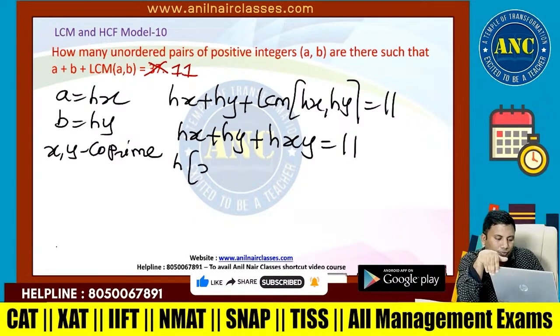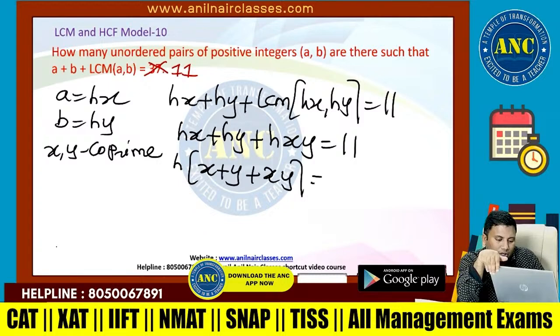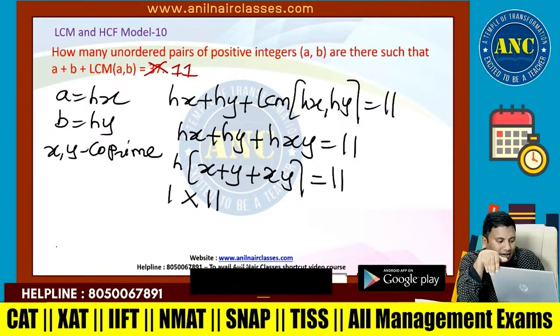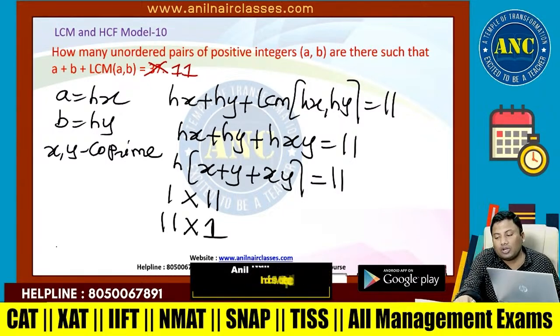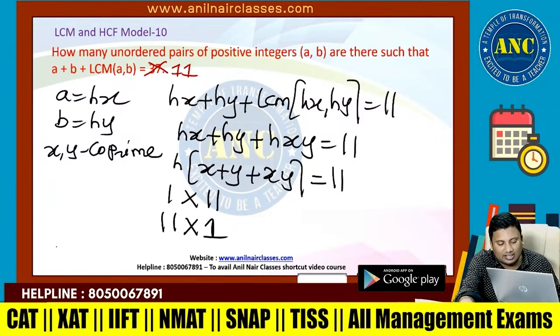H into x plus y plus xy equivalent to 11. Is this 1 into 11 or 11 into 1? Because a prime number has got only two factors, 1 and itself.